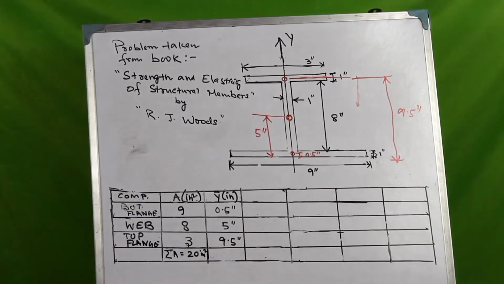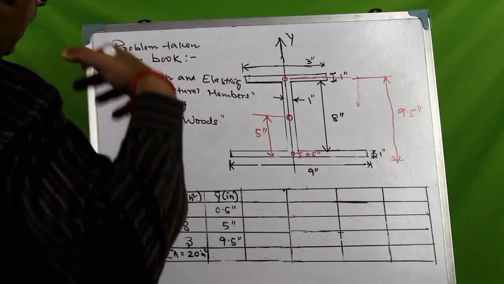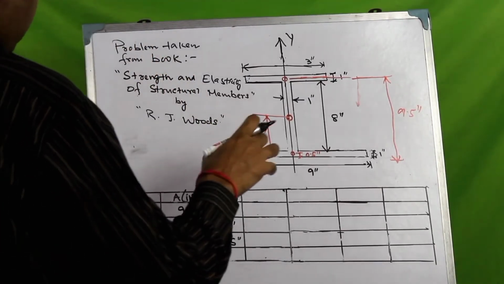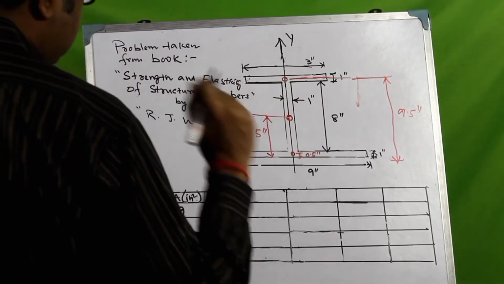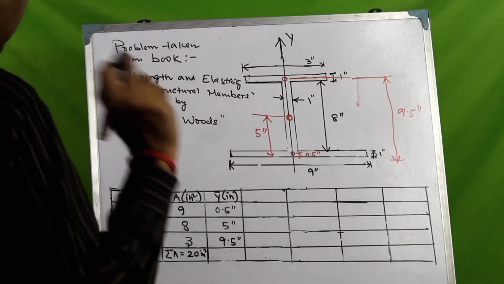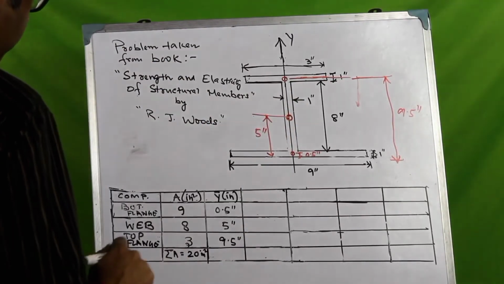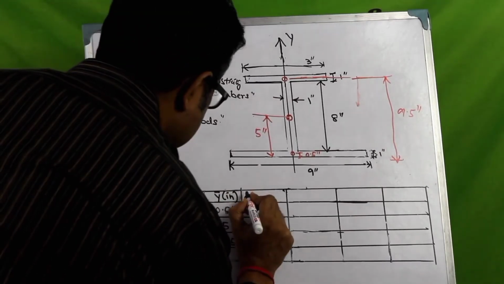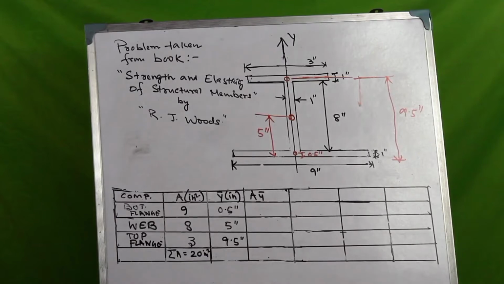The next thing that we need to find out is the product of the area of each of the components with the distance of the centroid of the individual areas from the bottom of the bottom flange. So that would come as, now this is A into y bar.